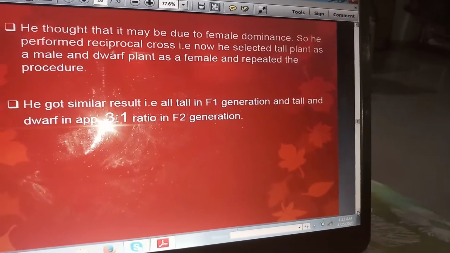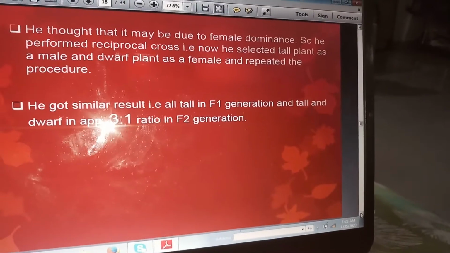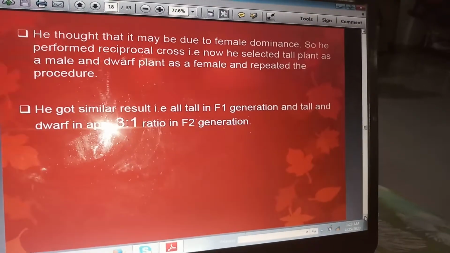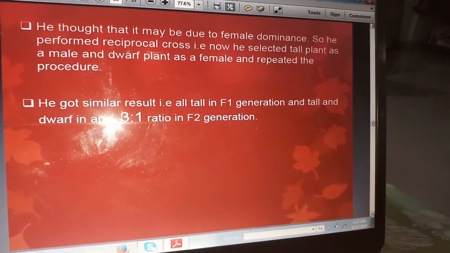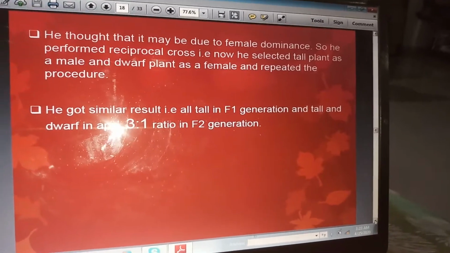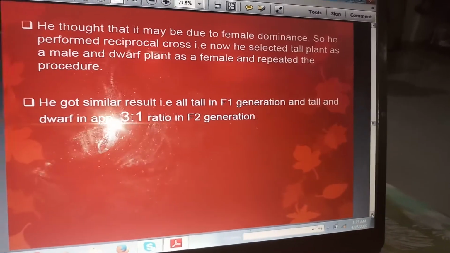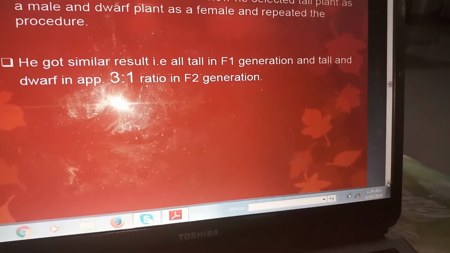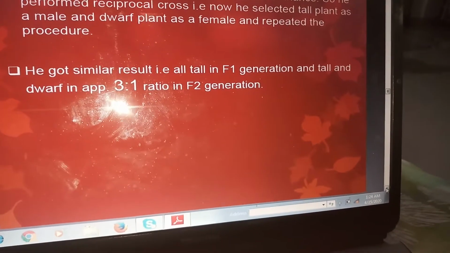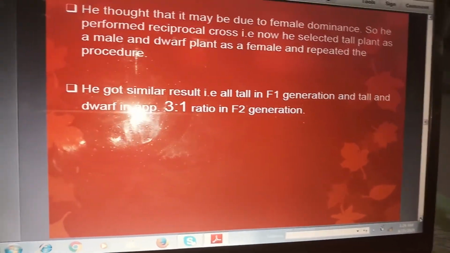He got a similar result, that is, all tall in the F1 generation and tall and dwarf in approximately 3:1 ratio in the F2 generation.